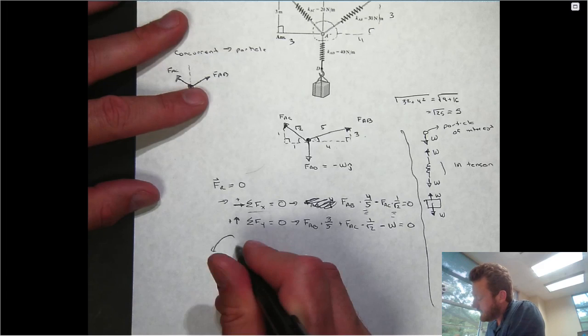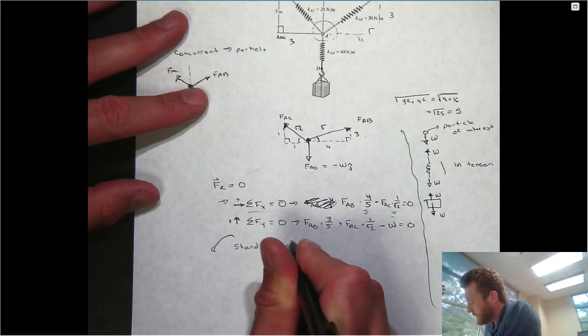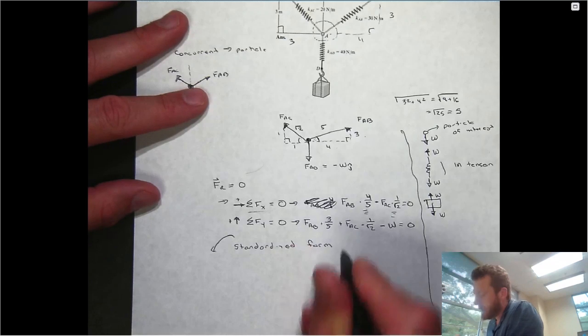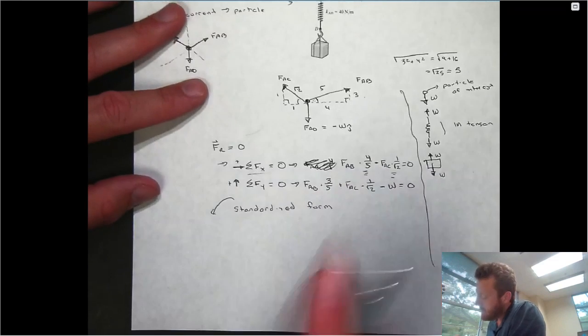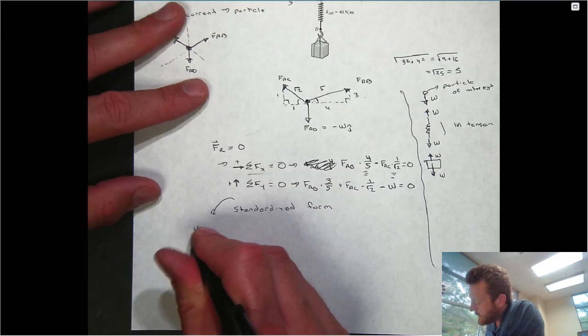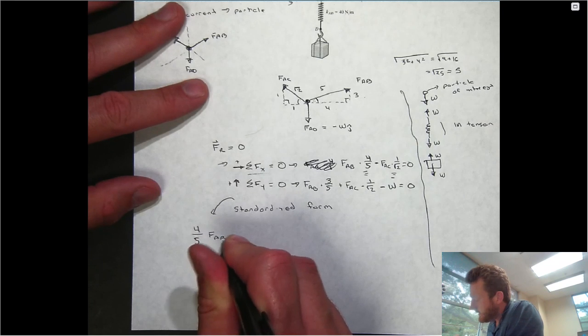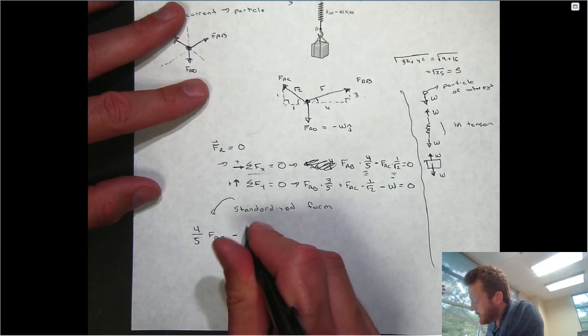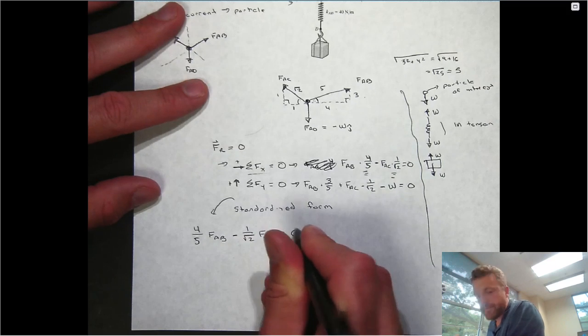So let's actually write these in standardized form. And what that means is that we're going to write coefficient times unknown equals constant. So writing FAB as our first variable, the first equation is going to be 4/5 FAB minus 1 over root 2 FAC equals 0.